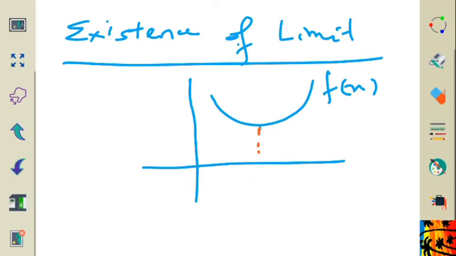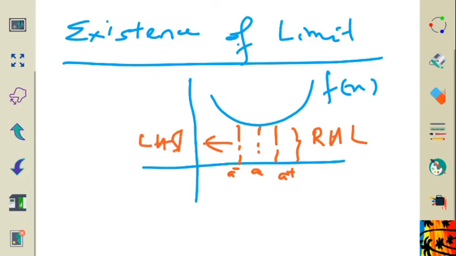Now what happens for left hand limit and right hand limit? I will be testing that thing, right? And suppose this is a, this point very close to a is called a minus, and this point is called a plus. That means this is the location of a minus and a plus. So this is called RHL, this height, right? And this height will be termed as LHL, right?